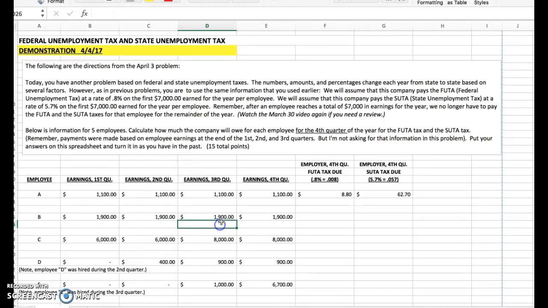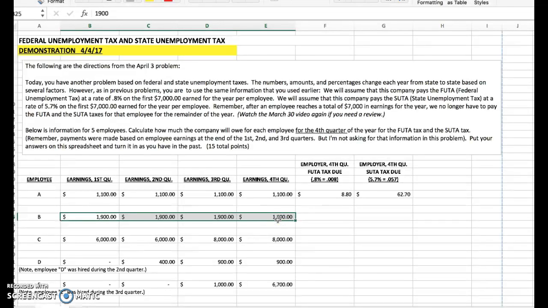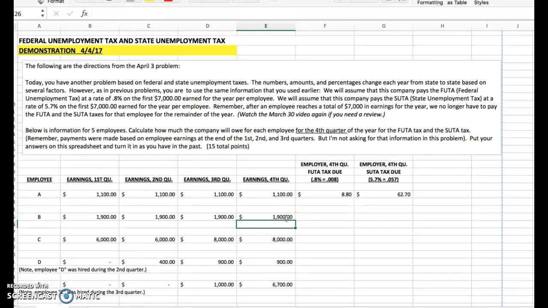So we would have multiplied 1,900 times those percentages for the third quarter. Now take a look at total earnings for the 4 quarters. If we multiply 1,900 times 4, we see that this employee earned a total of $7,600 for the year. Now, that employee is over the threshold of $7,000.